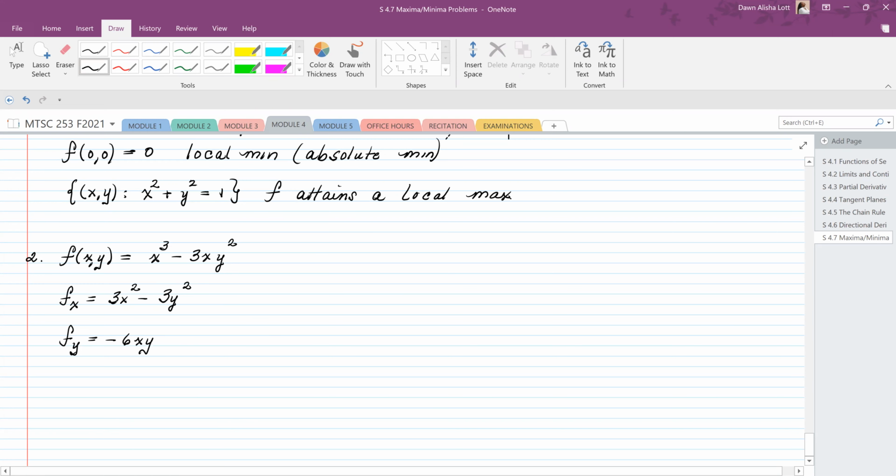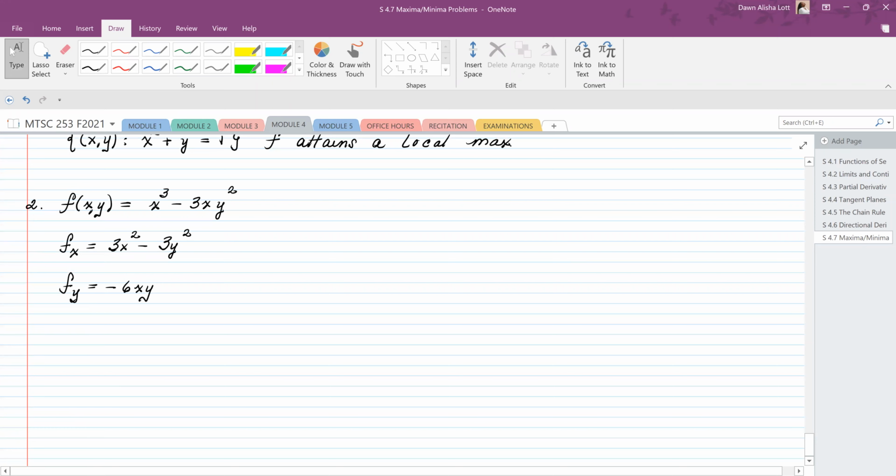Okay. So if I set this equal to 0, this gives me x squared minus y squared is equal to 0, and the critical point is x, y equal to 0, 0.